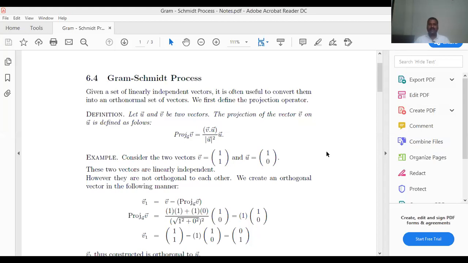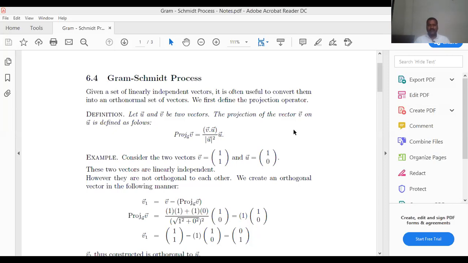So you need to understand how to project a vector u onto a space spanned by another vector v bar, or how to project a vector u bar onto a space spanned by two vectors v1 bar and v2 bar, and so on.